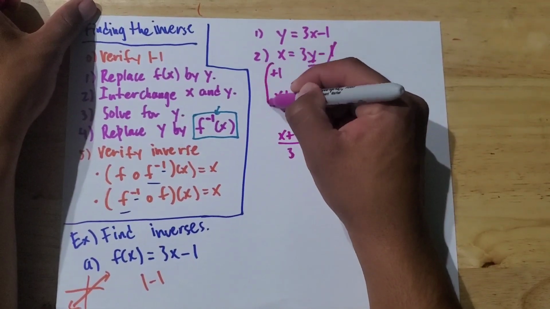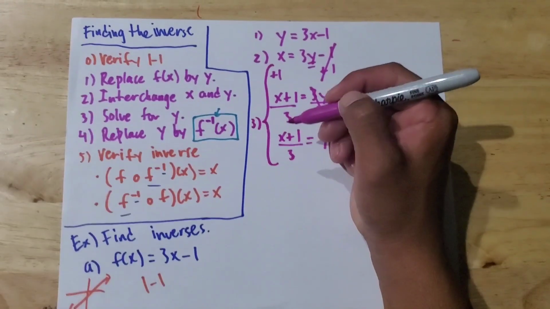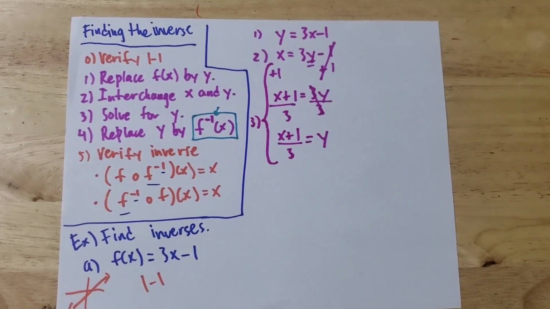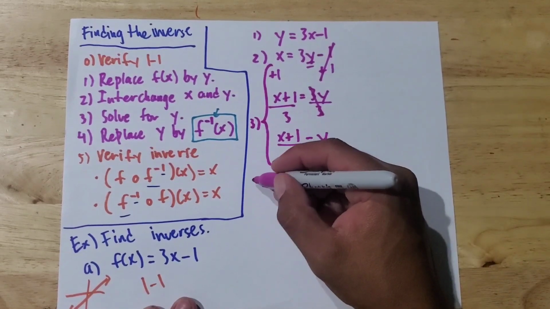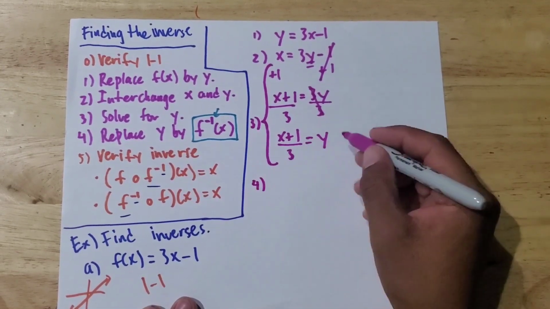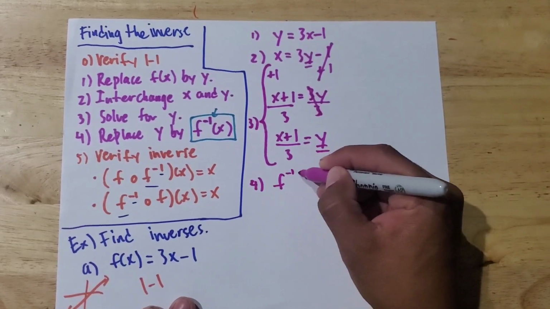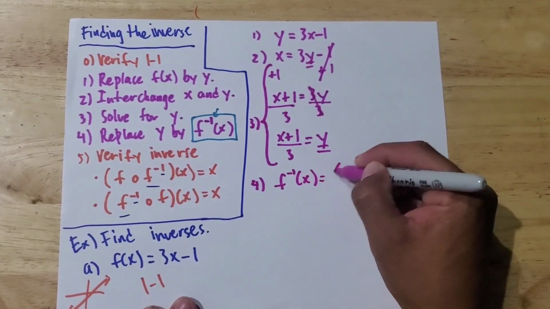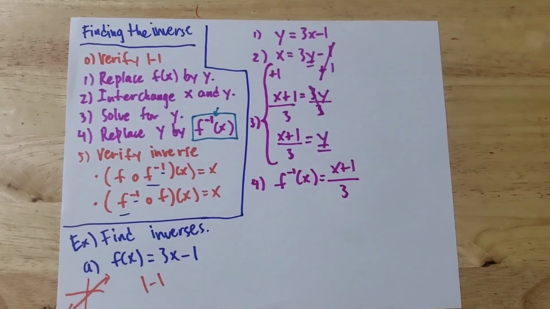So in all this work here, we're essentially doing step 3, which was solve for y. Now that we have y isolated, all I have to do now is take y and replace it with f inverse of x equal to x plus 1 all over 3.